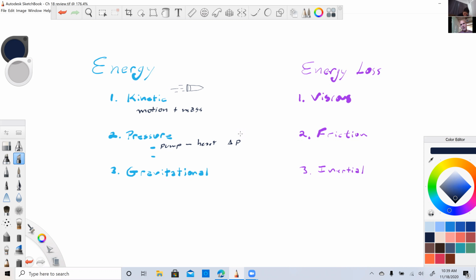Pressure has another aspect to it that is closely related, but it's a little bit different at the same time. And I'm just going to call it the static or internal pressure. And so that's like a balloon doesn't have pressure from a pump.